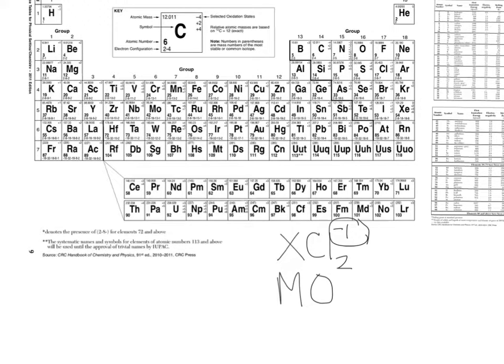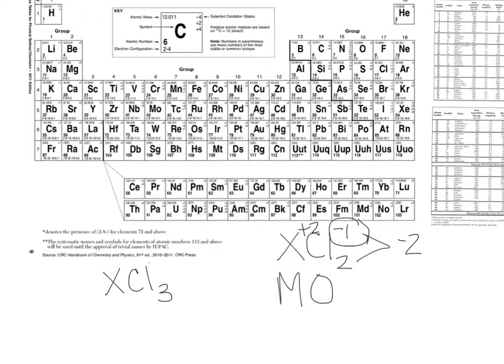So that means that if you were to multiply the oxidation number times the subscript, you will actually get a -2 overall charge on the 2 chlorine atoms, which means that since in bonding you have to end up with an overall neutral compound, unless they tell you otherwise, the X must be +2.